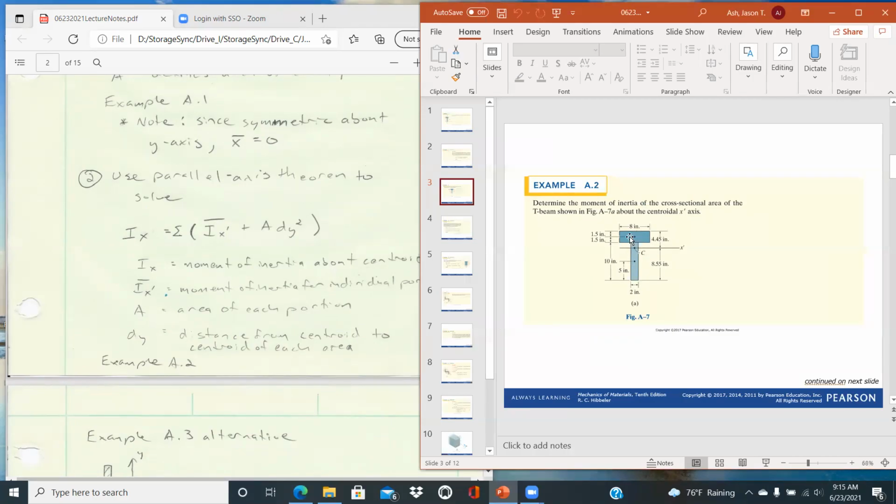Then we add in the area plus the distance that we have between the centroids of the area and of the centroid of the total cross section. Notice that that distance is squared, so it doesn't matter if that's a positive distance or a negative distance from the centroid. Since it's squared, that'll always turn out as a positive value.